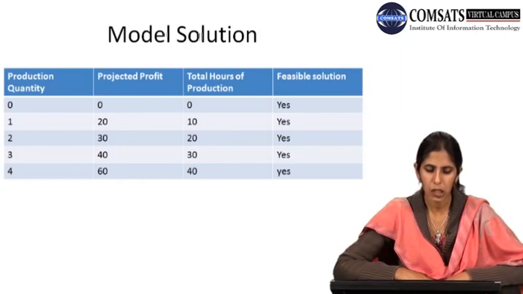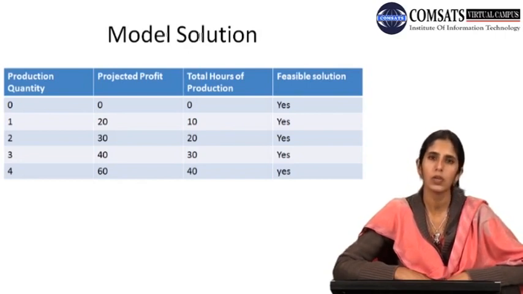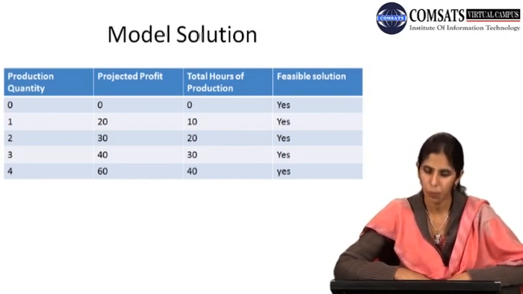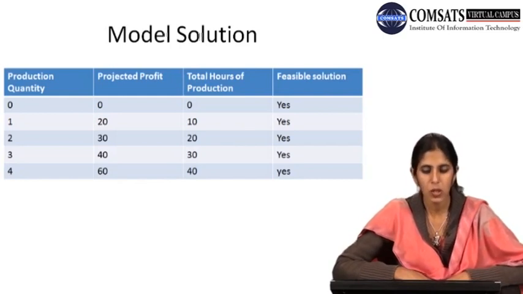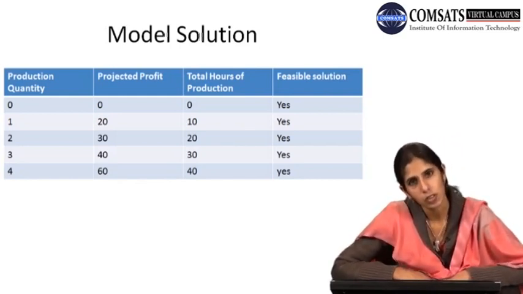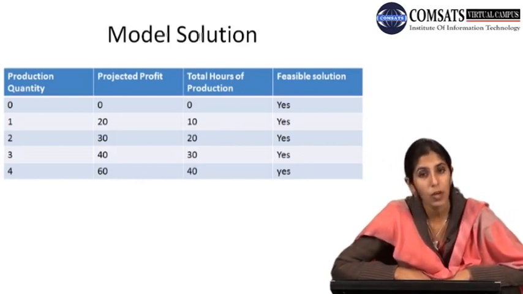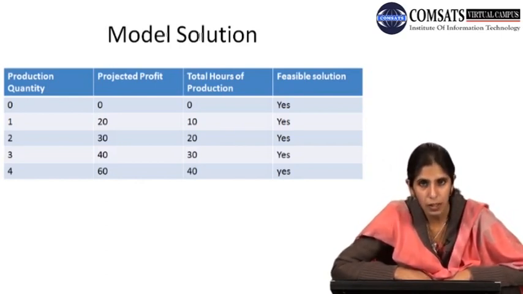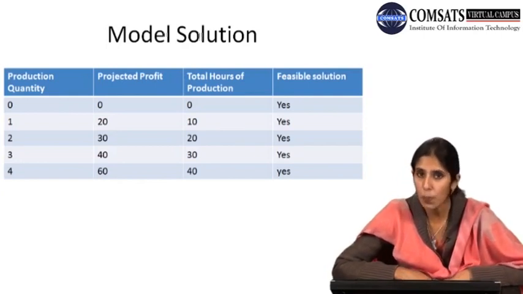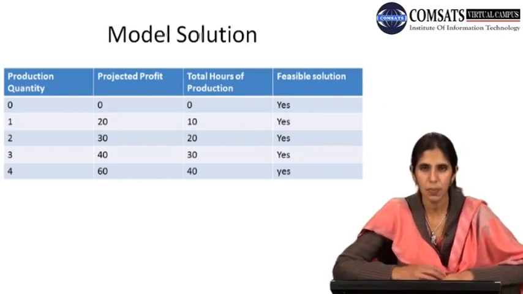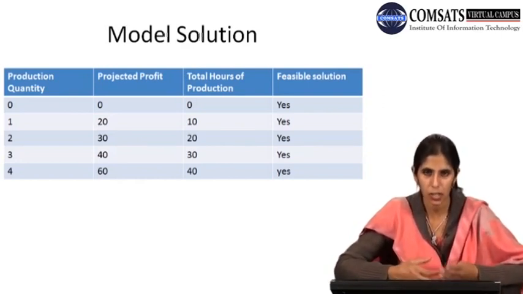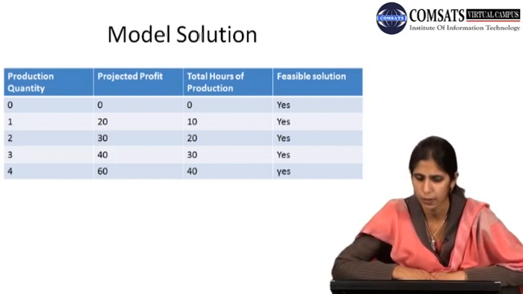So after producing the first unit of production, a company is enjoying 20 units or 20 rupees of profit, which is the result of 10 hours of production. कि अगर एक एम्प्लॉई 10 आवर्स काम करता है तो वो एक यूनिट प्रोड्यूस करता है जिस पे उसे 20 रुपए का प्रॉफिट होता है. तो इसका मतलब ये है कि जो फिजिबल जो स्टडी है, जो रिटर्न आया है, दिस इज क्वाइट मच एक्यूरेट.